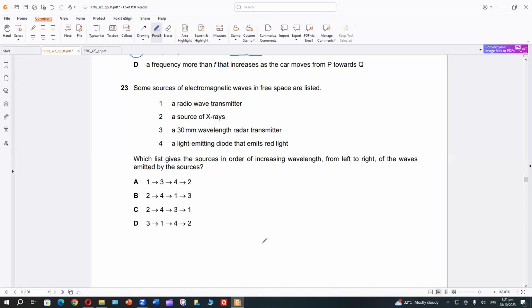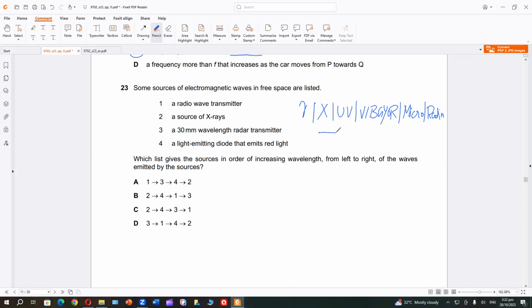Now, this is a case of remembering the electromagnetic spectrum. Always we have first gamma rays, then X-rays, then UV, then visible, then micro, and then radio. These are the waves.